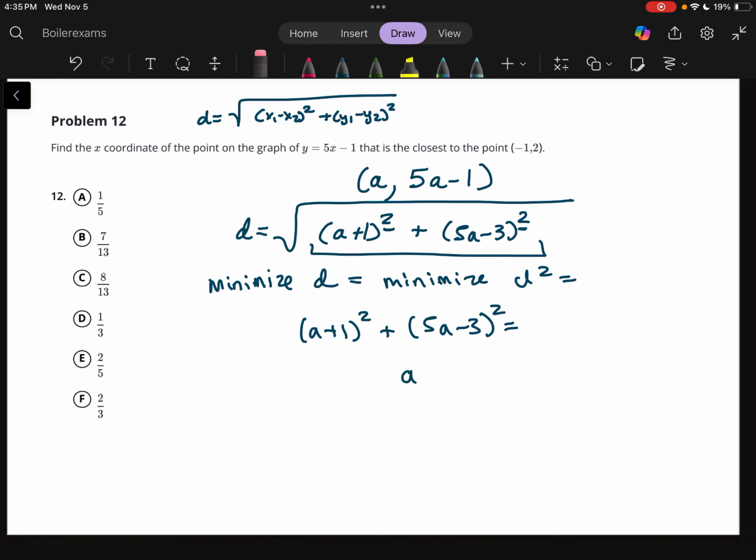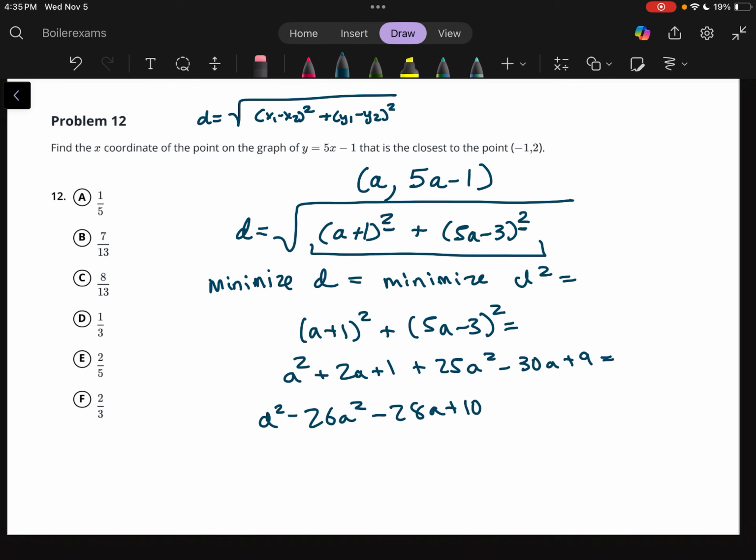So the first function expands out to a squared plus 2a plus 1 plus 25a squared minus 30a plus 9, and this is all equal to 26a squared minus 28a plus 10. Okay, so d squared is equal to this.